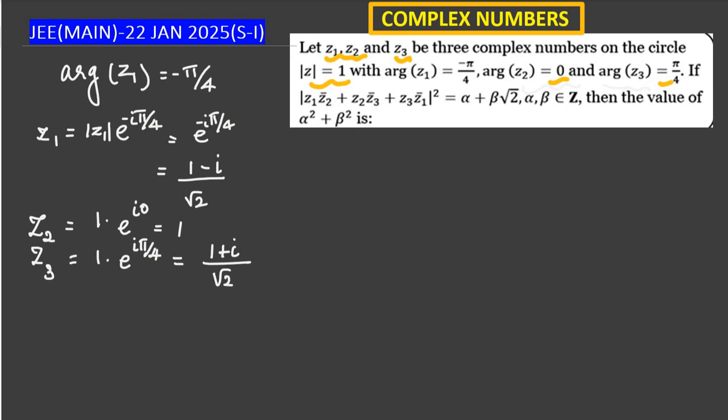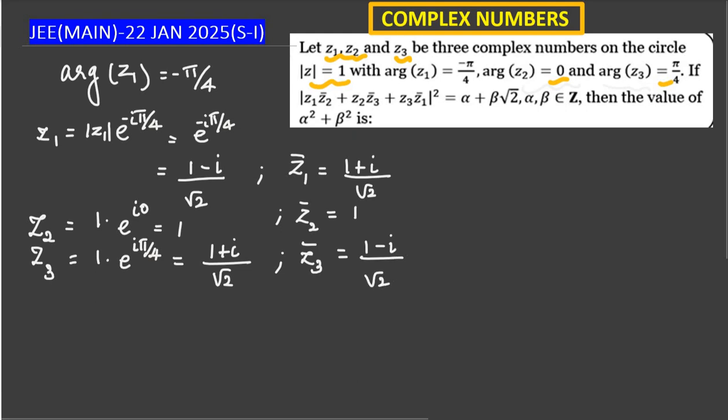Therefore, we can write the value for Z1 bar. Given Z1 is equal to 1 minus iota divided by root 2, therefore Z1 bar will be equal to 1 plus iota divided by root 2. Z2 bar, the conjugate of the real number, will be the same, which is equal to 1, and Z3 bar will be equal to 1 minus iota divided by root 2.